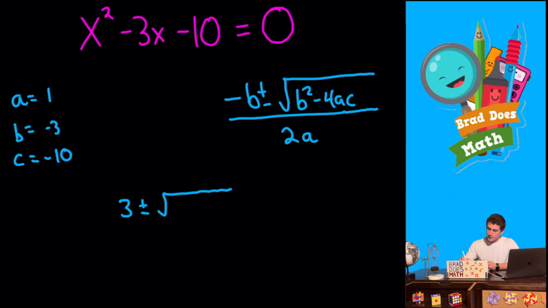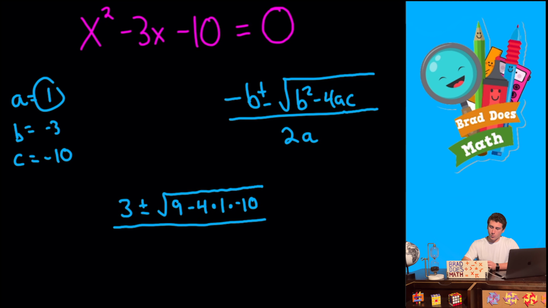So -3 squared is 9. And then minus 4 times a, which is 1, times c, which is -10. And that's all over 2a. So 2 times 1, all over 2a.